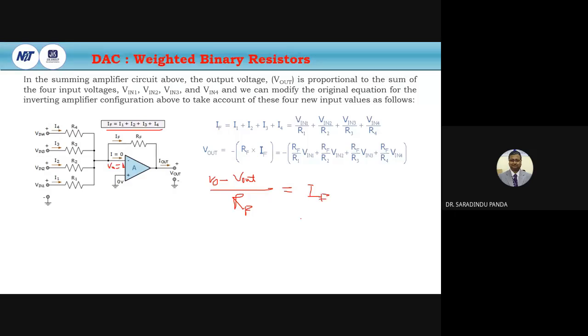Since V0 is 0, Vout is equal to minus IF into RF.